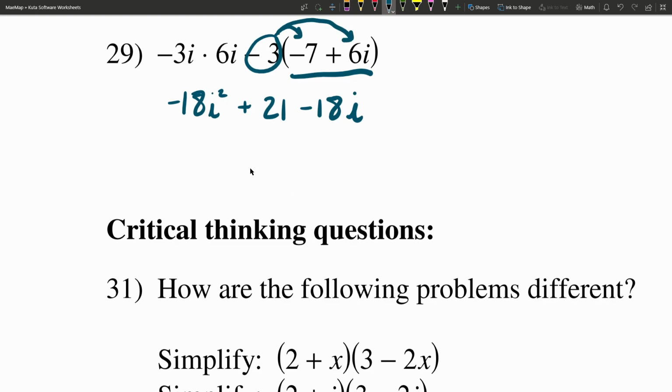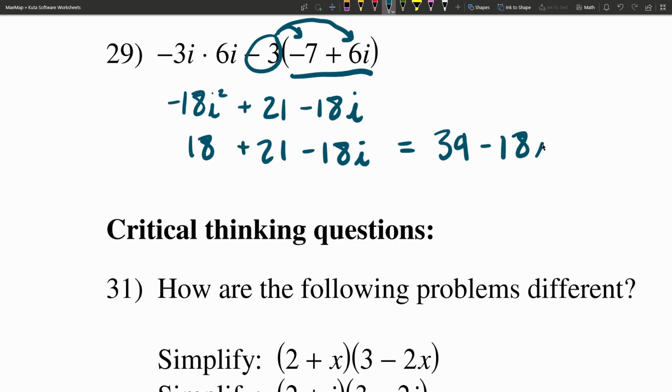Now, we just have to simplify. Negative 18 times i squared is negative 18 times negative 1, which is a positive 18. So we have 18 plus 21 minus 18i. Combining 18 with 21, since those are both real numbers, we're going to get 39, and we need to subtract 18i.